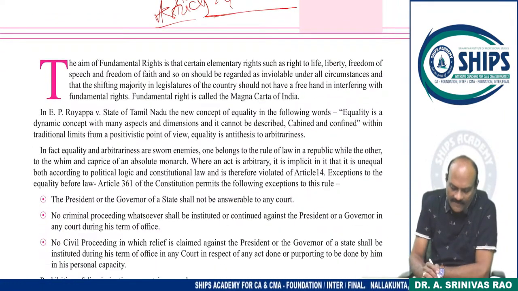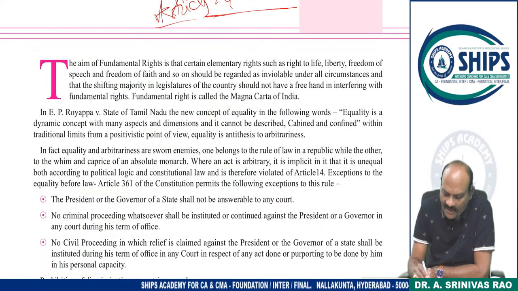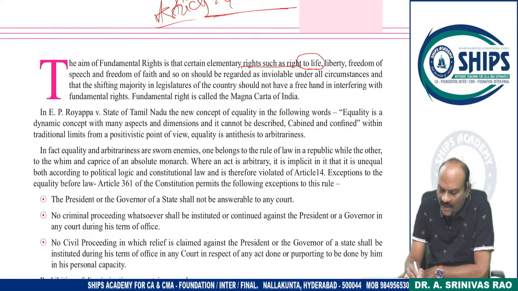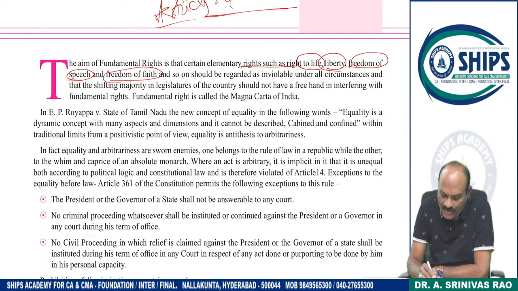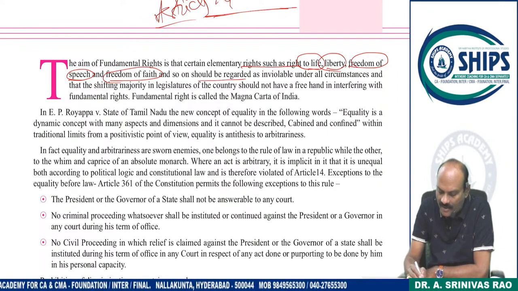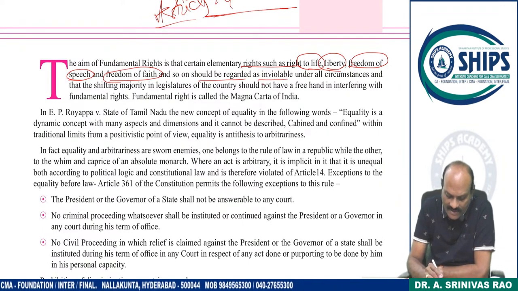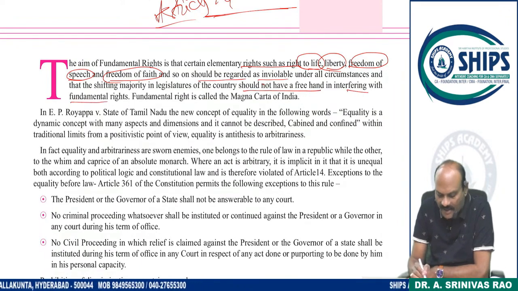The aim of the fundamental rights is that certain elementary rights and duties, such as the right to life, liberty, freedom of speech, freedom of faith, and so on, should be regarded as unavoidable under the circumstances, so that the shifting majority in the legislature of our country should not have a free hand in interfering with the fundamental rights.